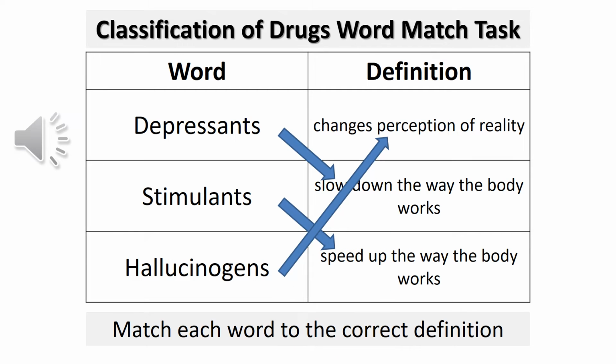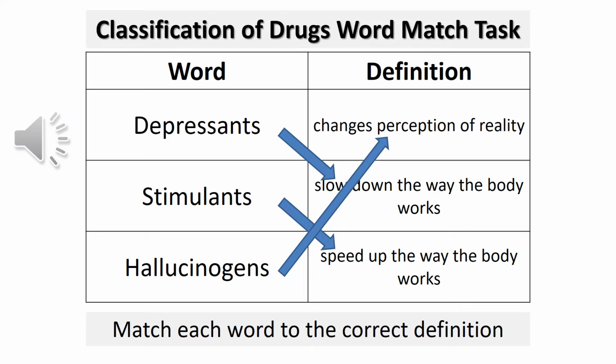Okay, so we have classifications of some words associated with drugs. So one is depressant, one is a stimulant, and one is a hallucinogen. See if you can guess which one of these special words goes with which definition.